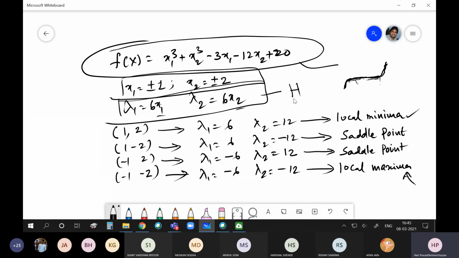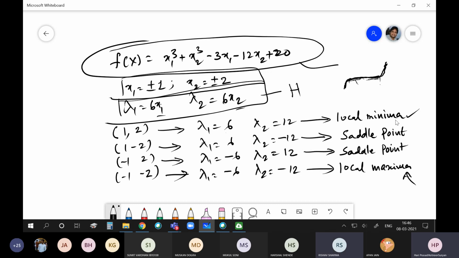If all the eigenvalues of H are negative and independent of the decision variables, then the function is concave and whatever maxima you get will be the global maxima. If the eigenvalues depend upon the decision variables, then depending upon the nature of the lambdas at these stationary points, we can say it is either a local minima, local maxima, or saddle point.